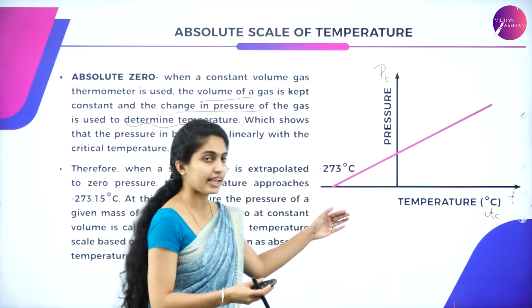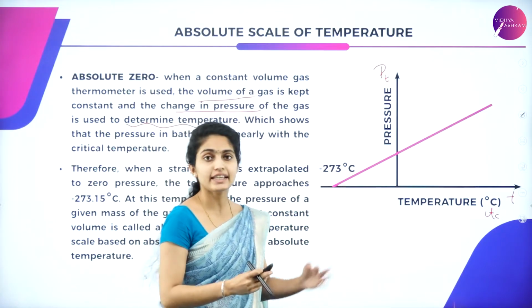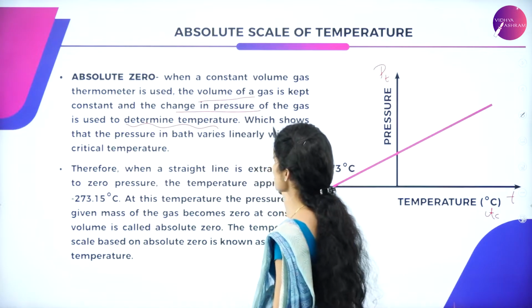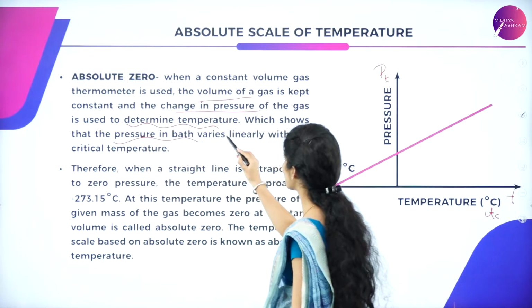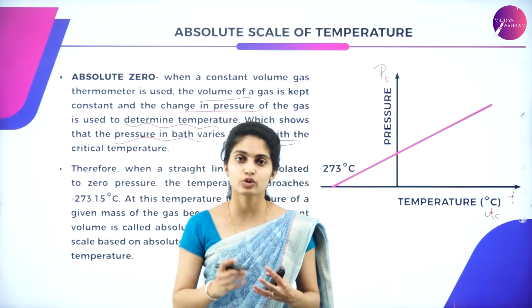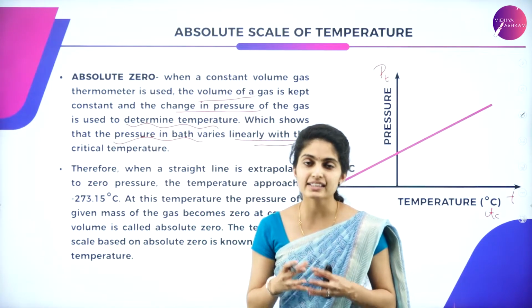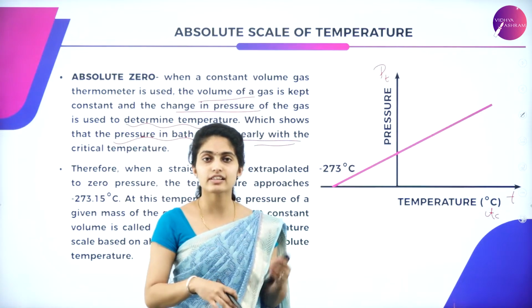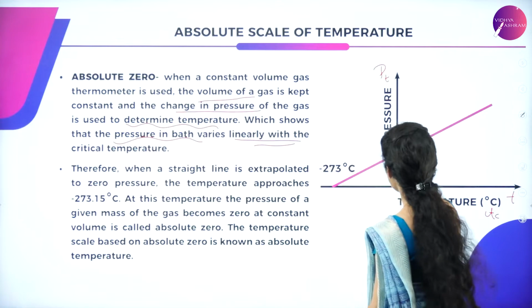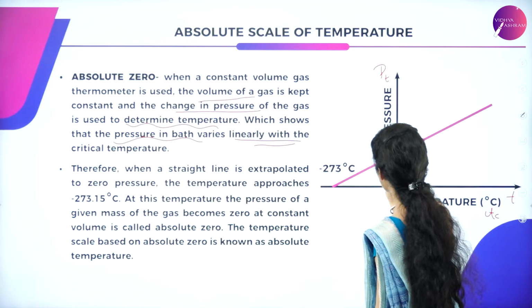So you have got a linearly varying line. It shows that the pressure of the gas varies linearly with the temperature. Now when you extrapolate, these are the extrapolated lines.